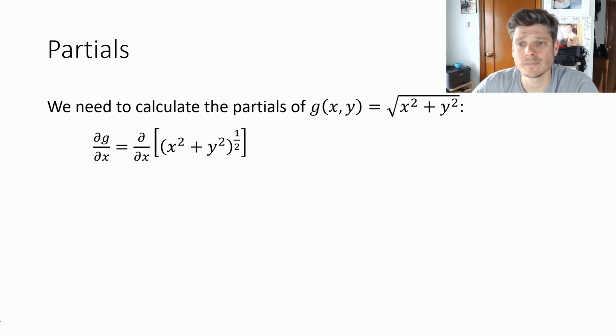The next thing I need to get together so that I have all of my ingredients for the recipe is to calculate the partials. So I need to take the partials of my function g of x and y now. So you may know how to do this already because I've asked you to do these exact same partials before in this class. Or maybe you've just taken so many square root derivatives that it's just second nature.